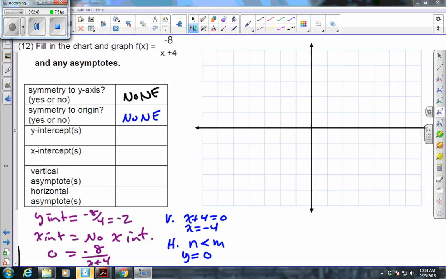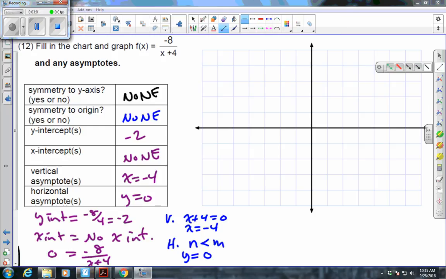Okay, the y-intercept, sorry, is going to be negative 2. X-intercepts are none. Vertical asymptotes are going to be x equals negative 4, and horizontal is going to be y equals 0. So let's do that.